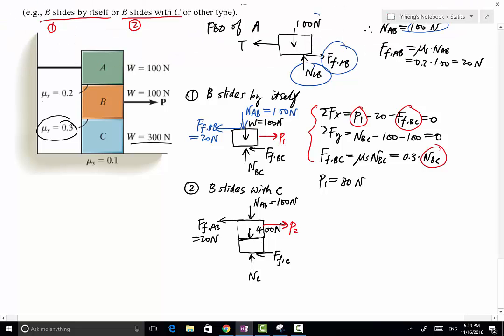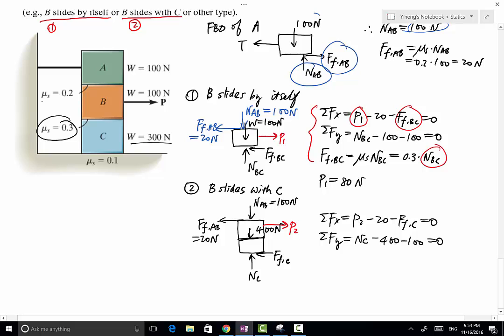So we do the same thing. We sum the resultant force along the x direction. That equals P2 minus 20 minus FC equals 0. Resultant force along the y direction equals normal force NC minus 400 Newton total weight minus 100 equals 0.